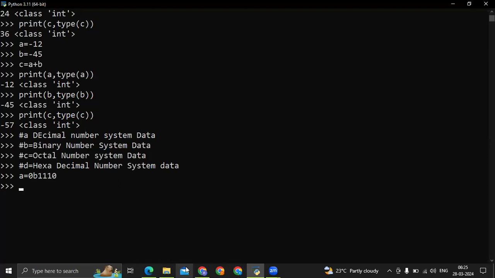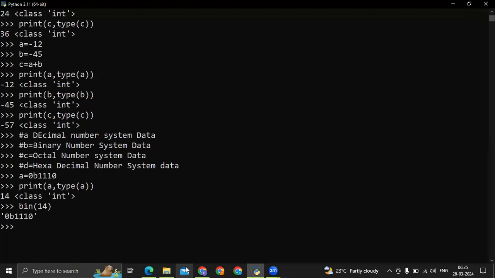Now print A, type of A. See, this is 14, class int. Now, if I write bin, the binary format of 14, I will get this output. Is this clear?